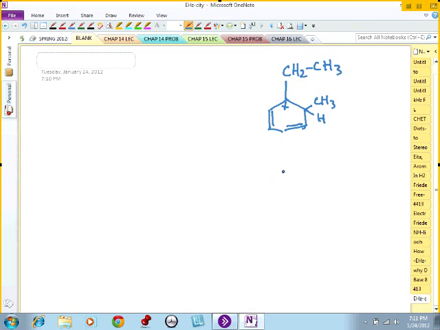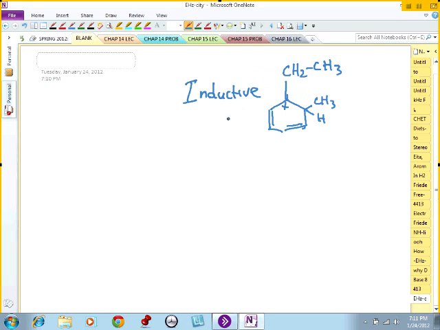But in the case of the alkyl group, because of the fact that carbon is more electronegative than hydrogen, it pulls electrons from hydrogen. So this carbon is richer in electrons, and as such it's able to also stabilize this carbocation. Okay, that is why the alkyl groups are ortho-para directors, and that is what you call the inductive effect.